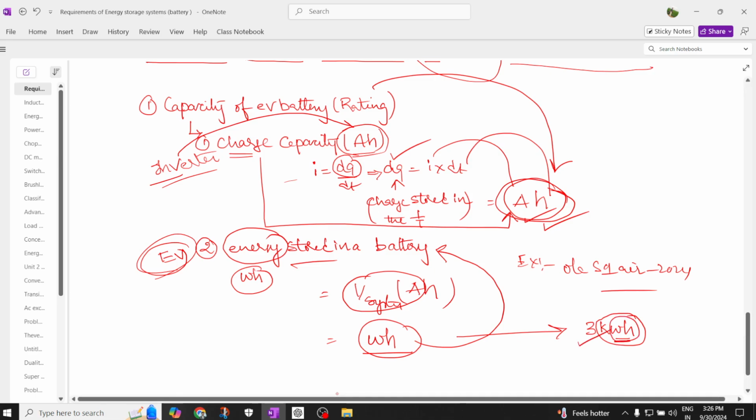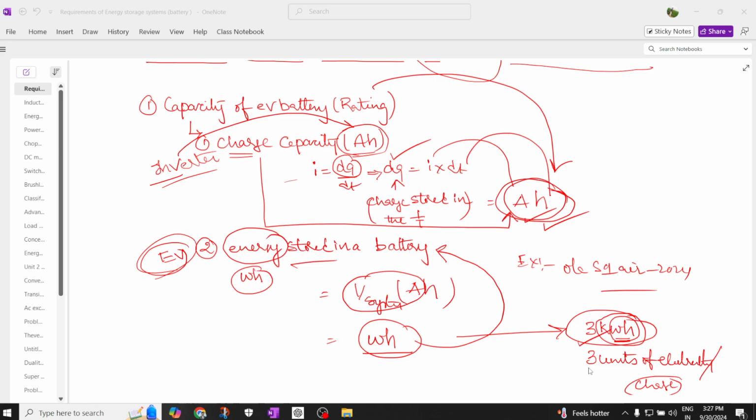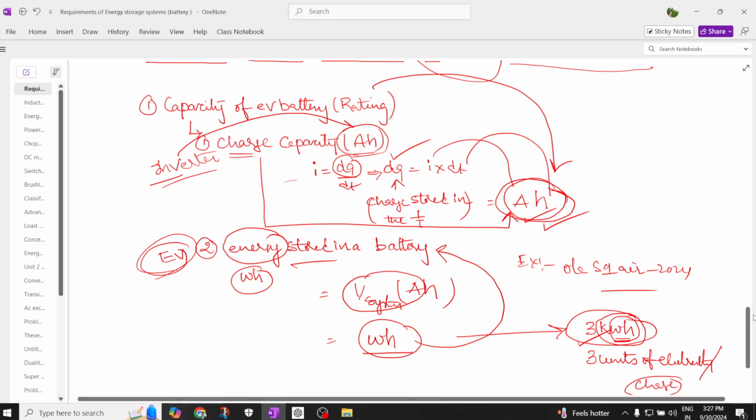So 3 kilowatt hour indirectly means it consumes 3 units of electricity per single charge. This is called the kilowatt hour rating, which is the energy stored in a battery.